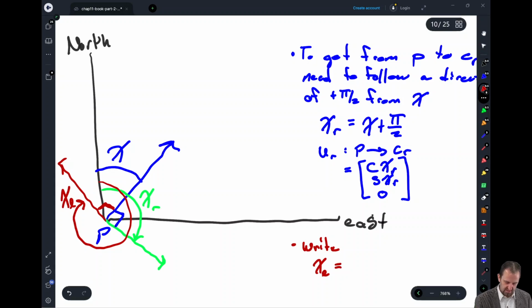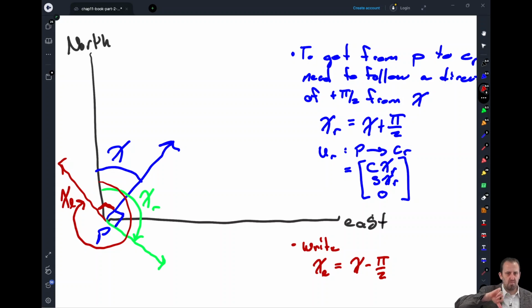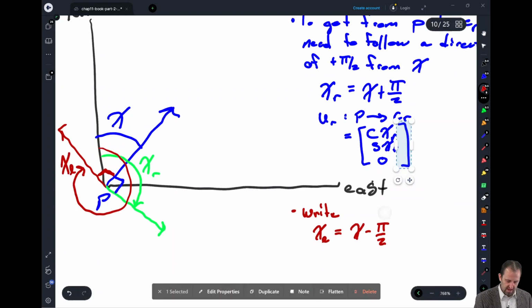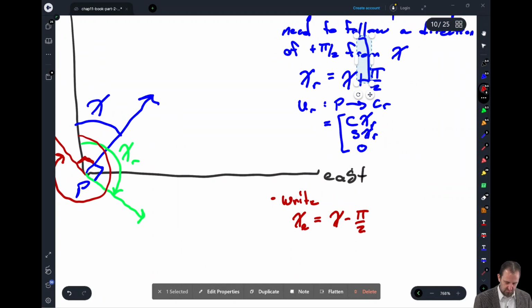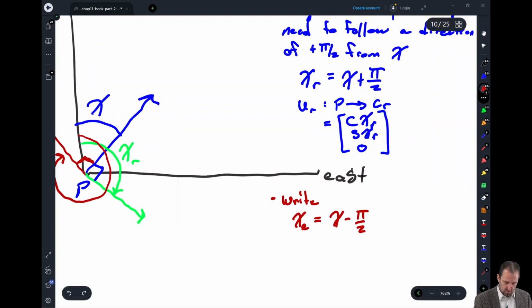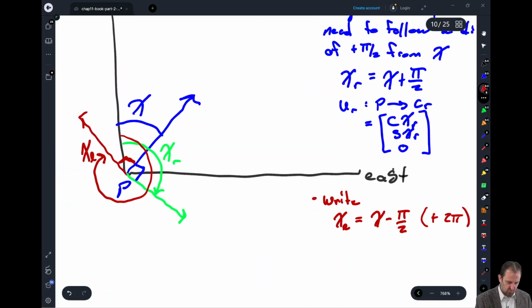So we could say that this is equal to chi minus pi halves. Because again, our z is pointing down, so a positive rotation was in the direction of the right, a negative rotation is in the direction of the left. So we have a negative, and we could add a 2 pi to get to how I've drawn it, or we could just note that we don't need a 2 pi because it's the same. So we just take our chi and we subtract off pi halves.